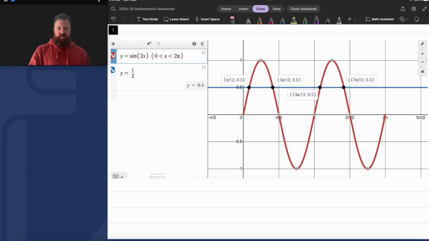Well, if we look at this one here, I can see with this curve, this compression of my period by half, so it's squished in, that over the 360 degrees, or the 2 pi that this domain has asked for, my curve happened twice, two full cycles because of that period.